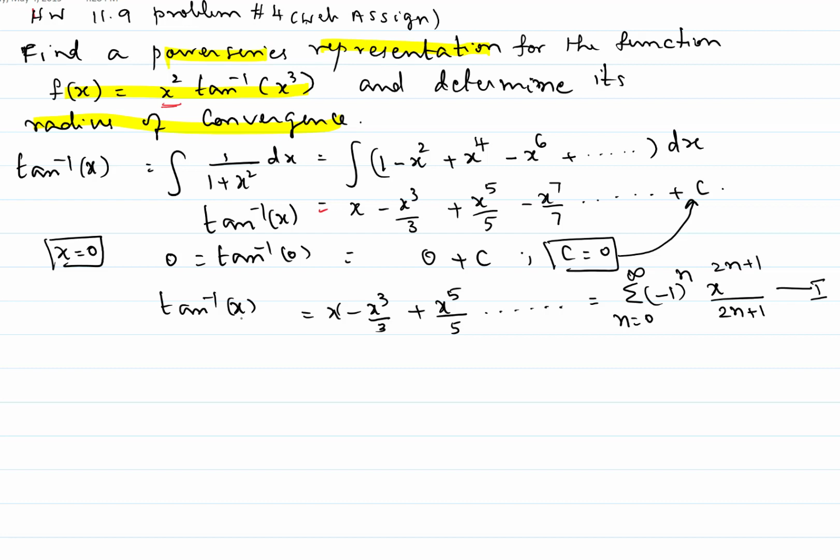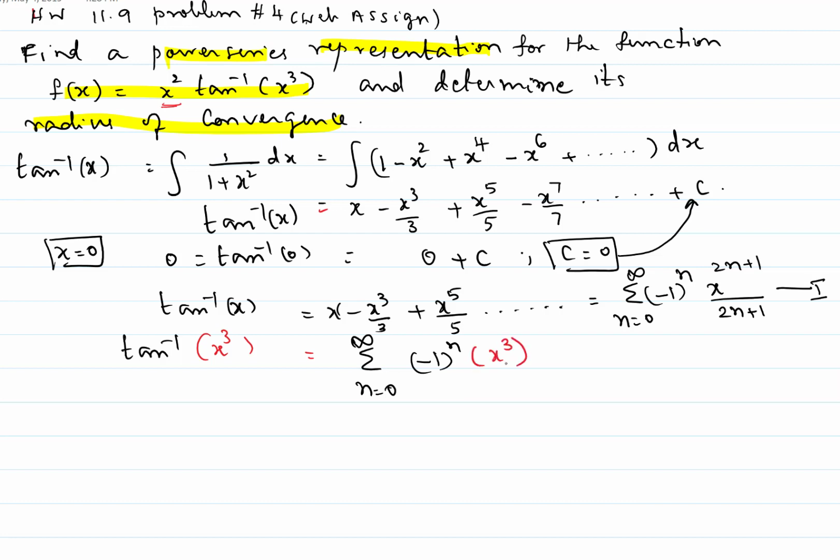Now we'll change this x to x cube because in our problem we have tan inverse of x cube. So we're going to write tan inverse of, change the x to x cube. So in the power series representation it becomes the sum for n varying from 0 through infinity of negative 1 to the power n, where x gets replaced by x cube.